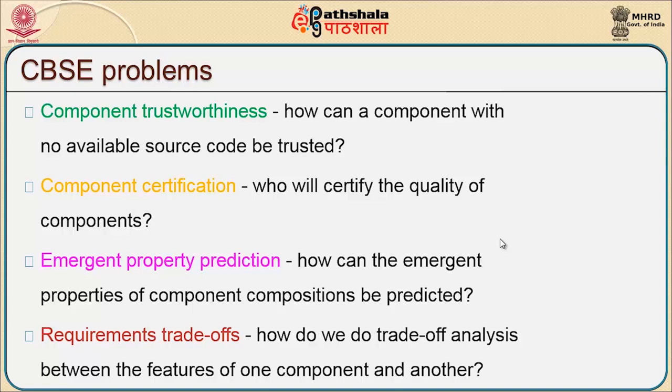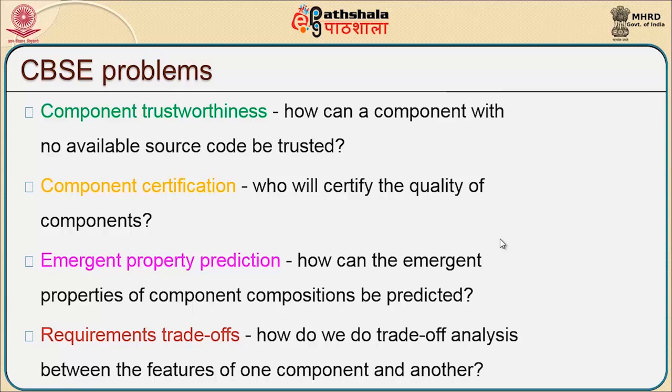Component certification: who will certify the quality of the components? If a component is to be reused, it needs to be properly standardized or certified. From a certification point of view, who will authorize that this component can be reused? Emergent property prediction: how can the emergent properties of a component composition be predicted?